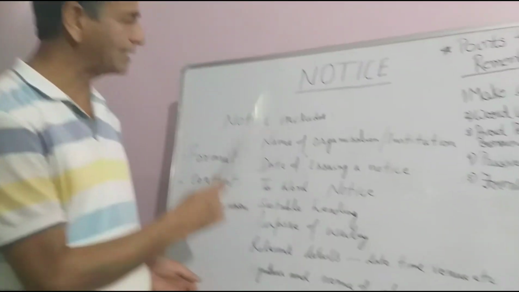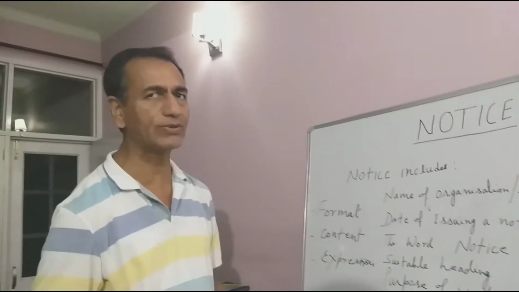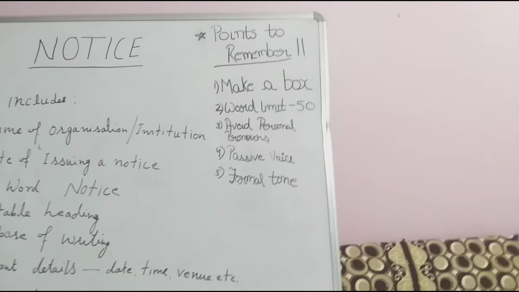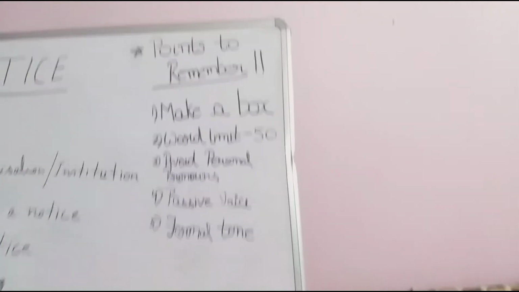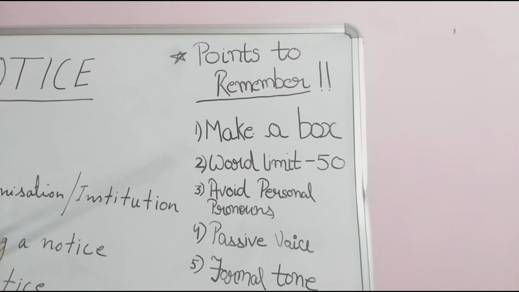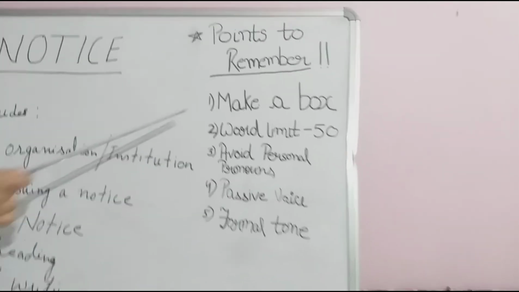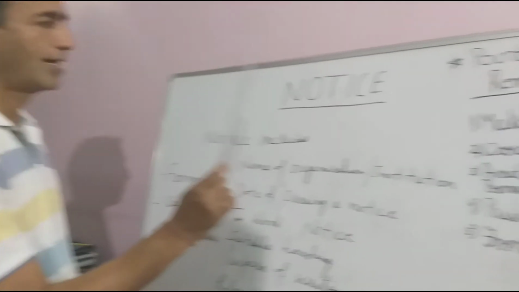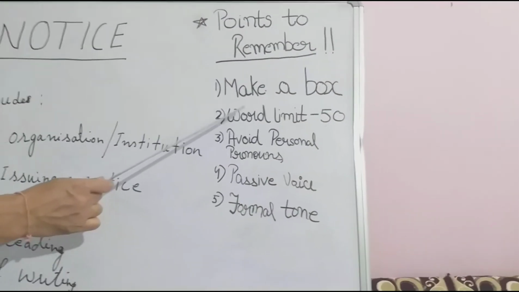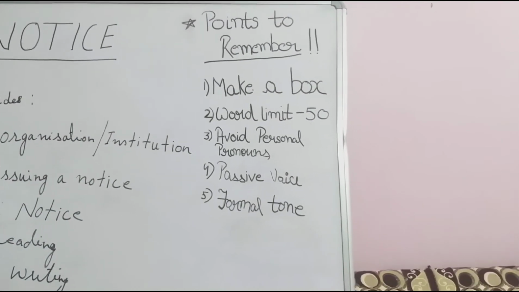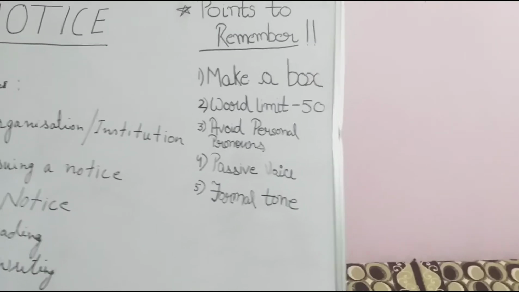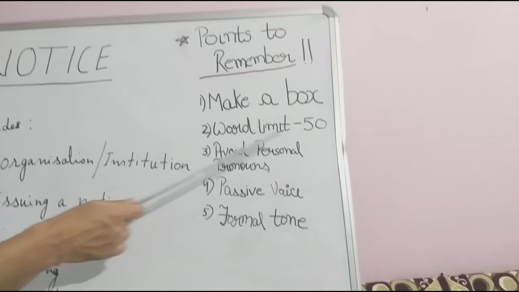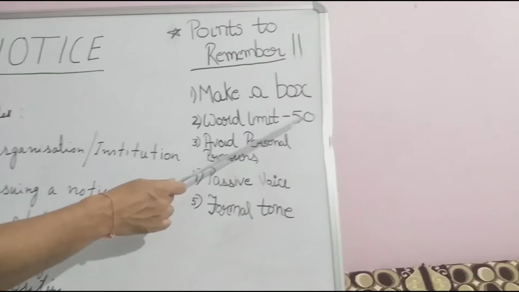Now, apart from these things, what are the other things which you need to keep in mind? When you write a notice, always put this notice inside a box. So a box is mandatory. And second thing is that the notice has to be written precisely. You need not write too many things in the notice. So the given word limit is 50 words or 50 to 60 words.